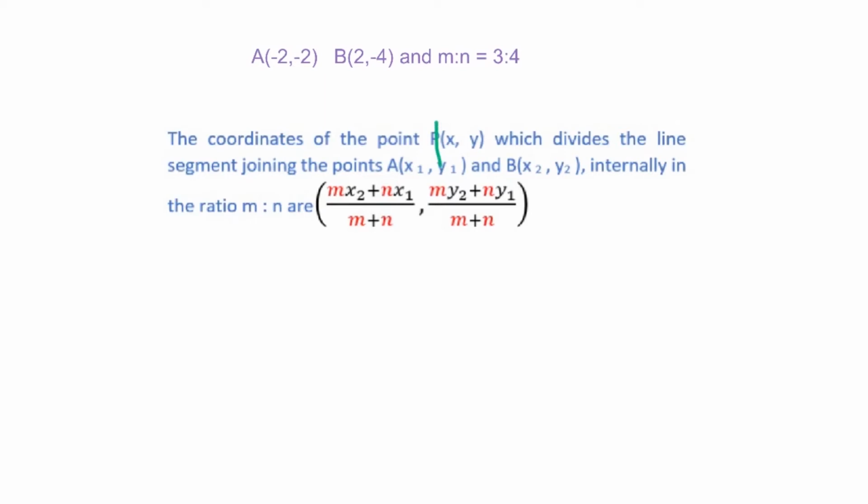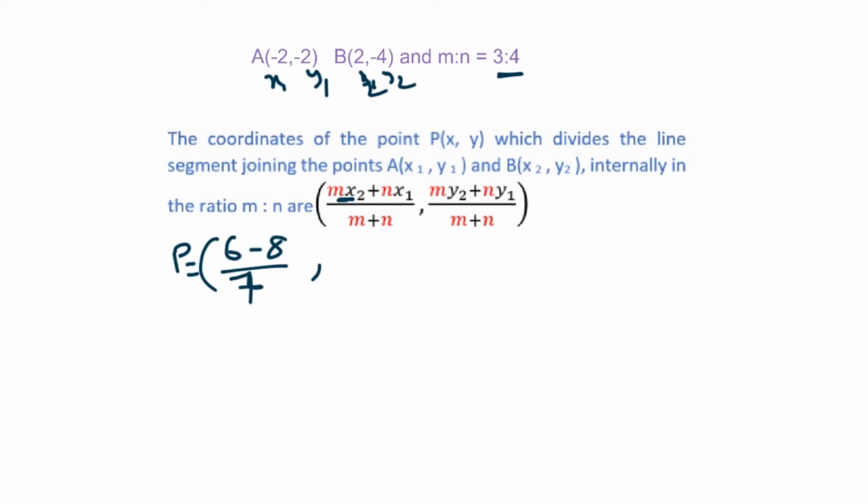Let us say this is x1, y1 and x2, y2, and this is M and N. So the coordinates of P can be found like this: m x2, where m is 3, so 3 times 2 is 6, and n x1, 4 times -2 is -8, divided by m plus n, which is 3 plus 4, 7.